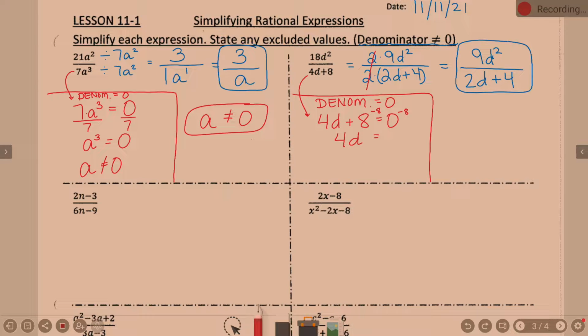Minus 8 cancels on the left. What's 0 minus 8 over here? Negative 8. Then, if it's 4d as in 4 times d, we're going to divide by 4. 4d divided by 4, the 4's cancel and we have d.